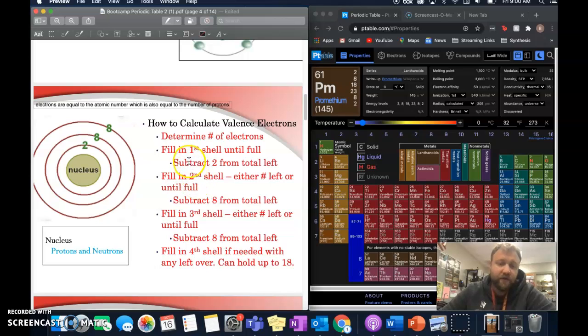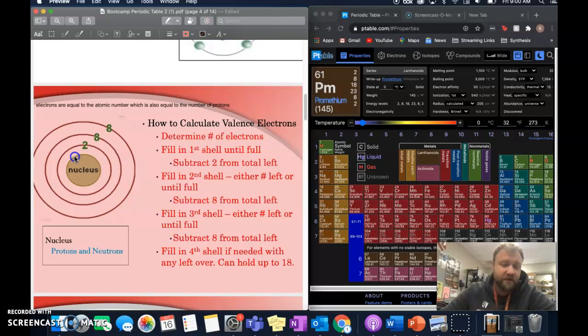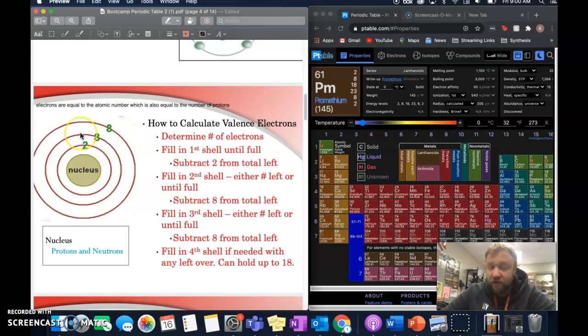When we are doing these Bohr models, we first have a nucleus. Remember that's made up of our protons and neutrons. And then we have what are called orbitals, sometimes called shells or energy levels, where you find your electrons. So we have our nucleus in the middle, and our electrons are found on the outside.